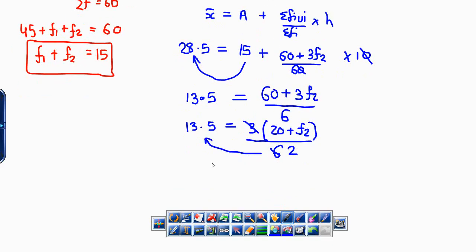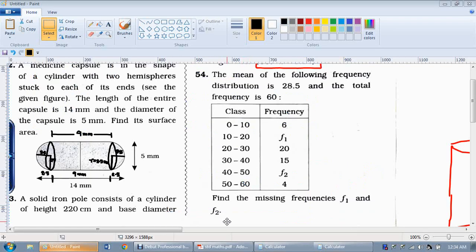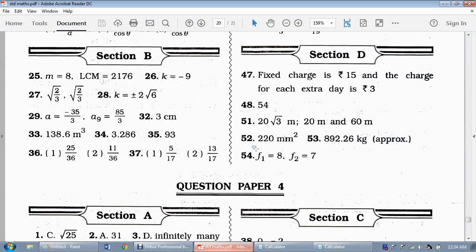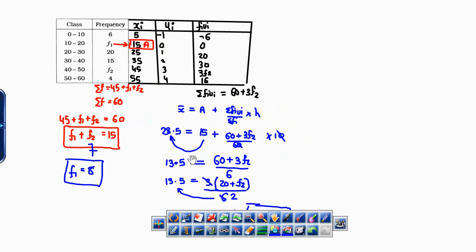Now this 2 can be multiplied here. 13.5 2 is 27. f2 की वैल्यू आ गई 27 minus 20, 7. And if f2 is 7, then f1 is 15 minus 7, 8. Answer is 8 and 7. That's the end of this particular paper. Thank you so much. See you later.